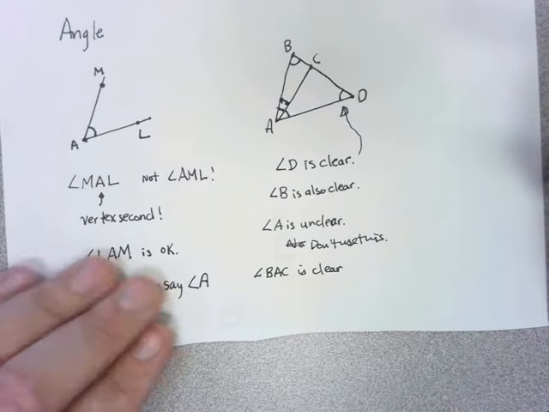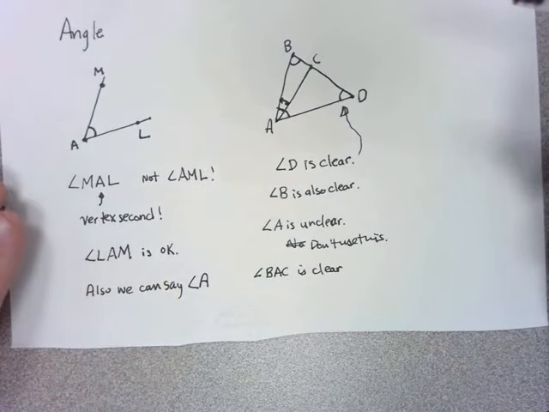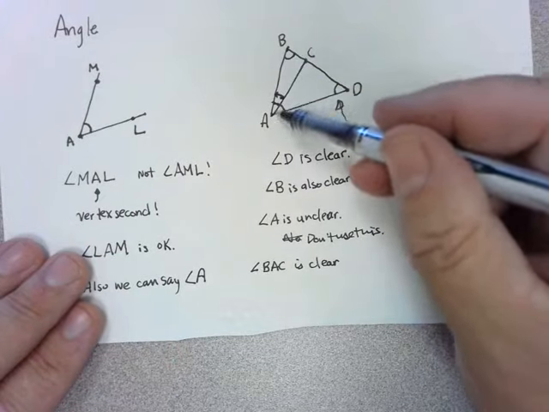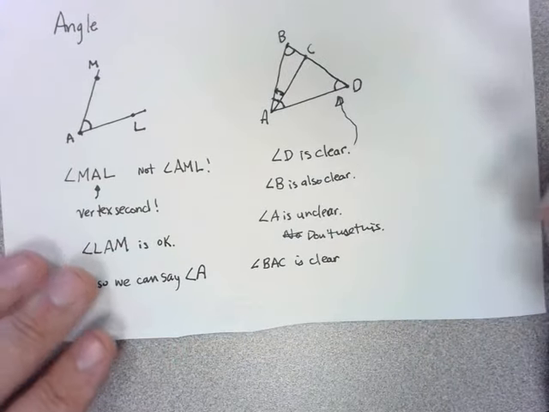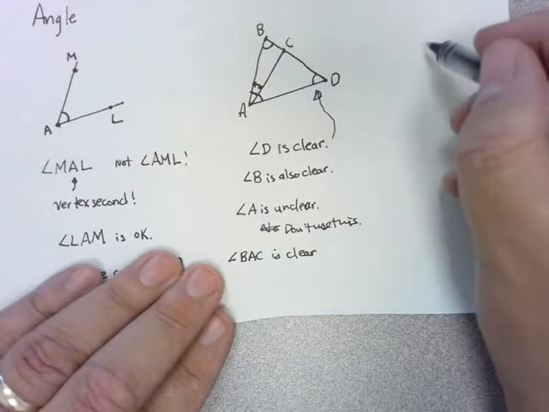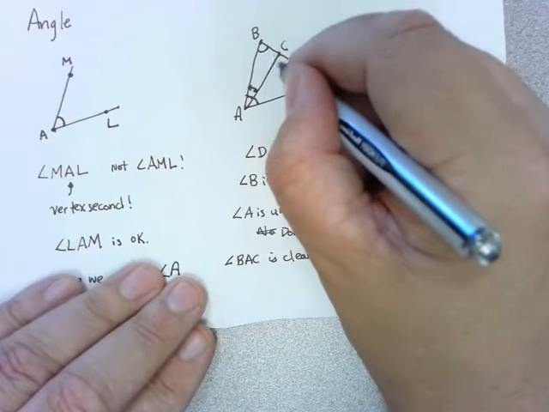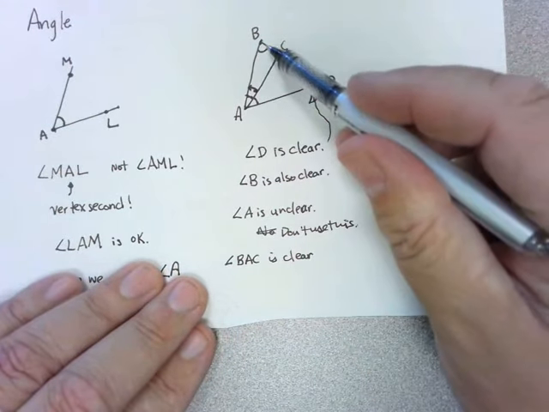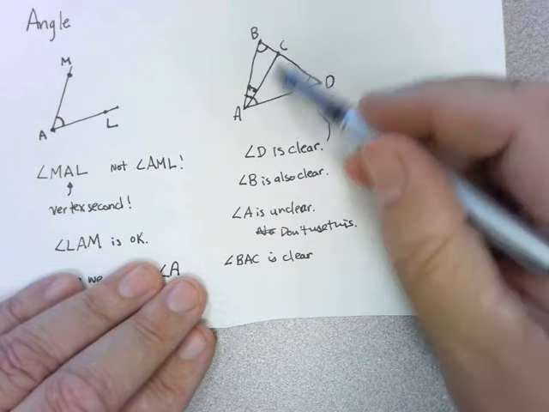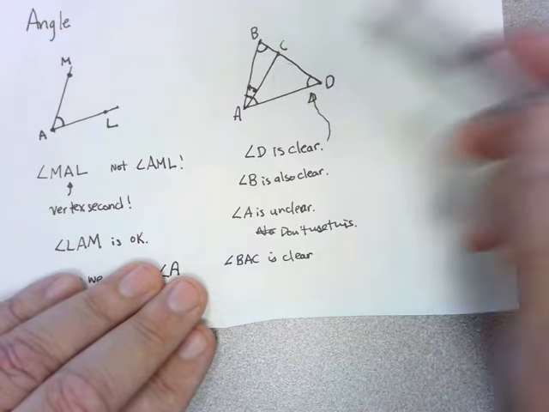That's angle BAC. Another thing that we can do, because this naming of angles is such a hassle, there's one last thing that is sometimes done. Let's say you wanted to talk about these angles here, and you've got angle BCA, angle DCA, and angle BCD, a straight line angle.